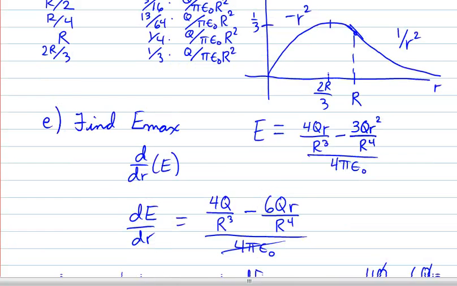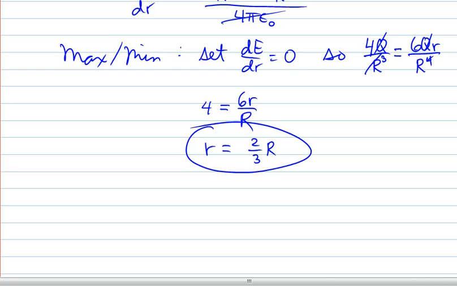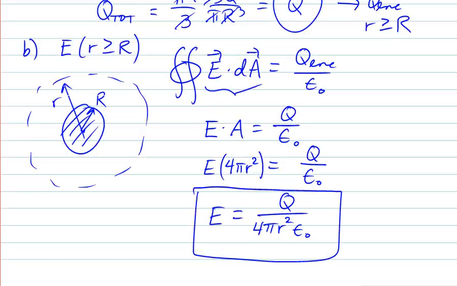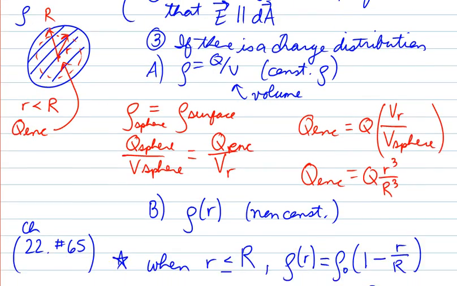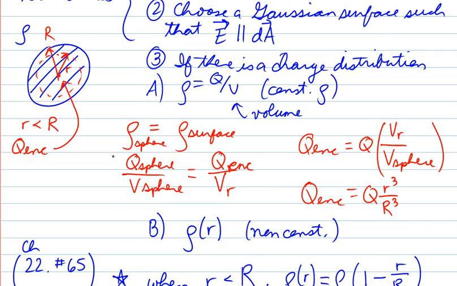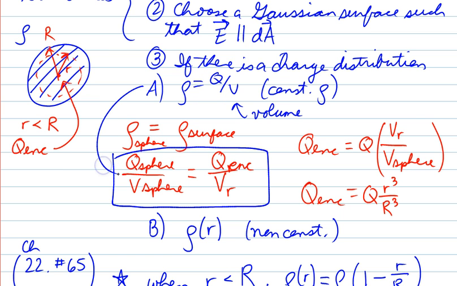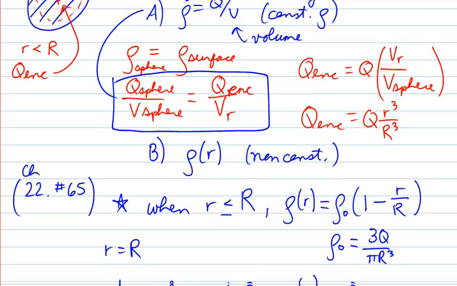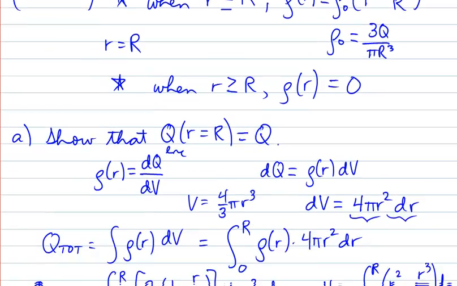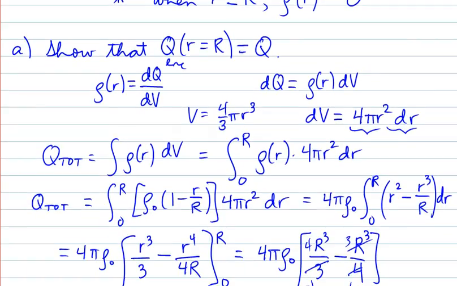So to sum up what we've done with Gauss's law, we've done some practice where the charge density is constant, and remember, for that, go back to my previous video, we just need to set up a nice ratio. When it's not constant, we have to do an integral to find the amount of charge enclosed by our surface.